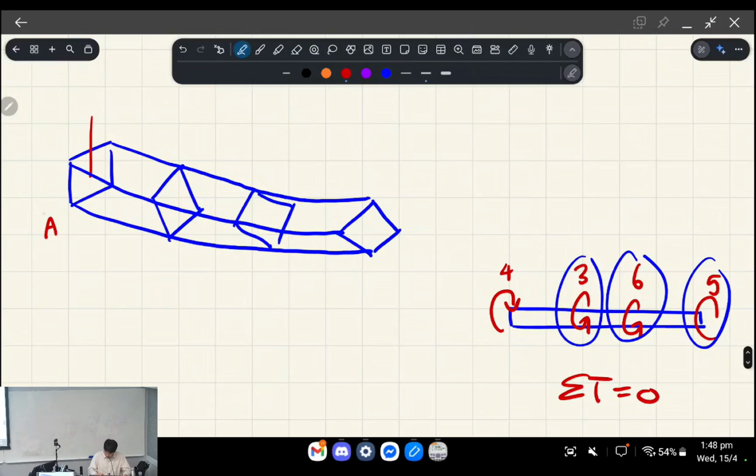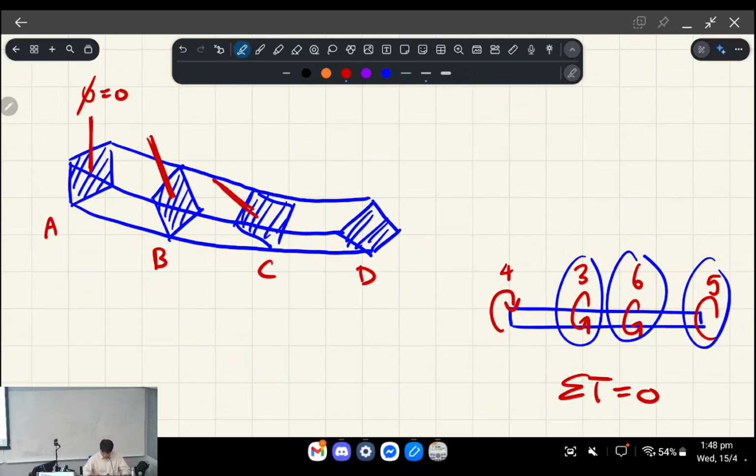The idea is that at points A, B, C, D, where the cross sections look like this, we can only consider one part as the reference. So at A, let's just pretend the twist starts at 0. It can rotate counterclockwise, and then counterclockwise again, and then clockwise again, but it doesn't necessarily have to result in 0 twist.